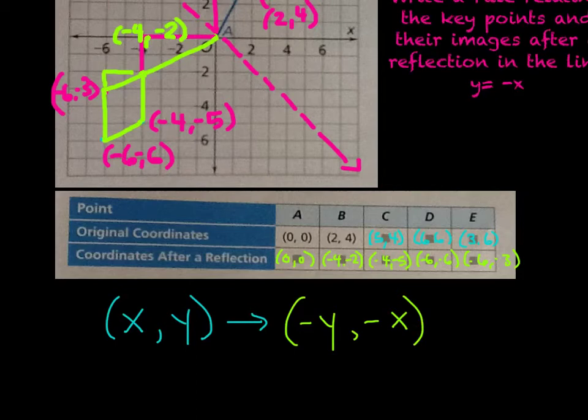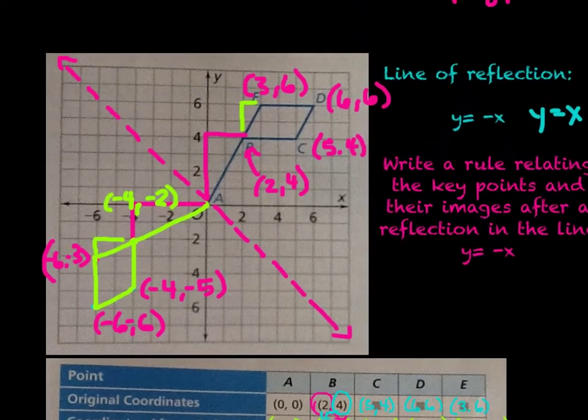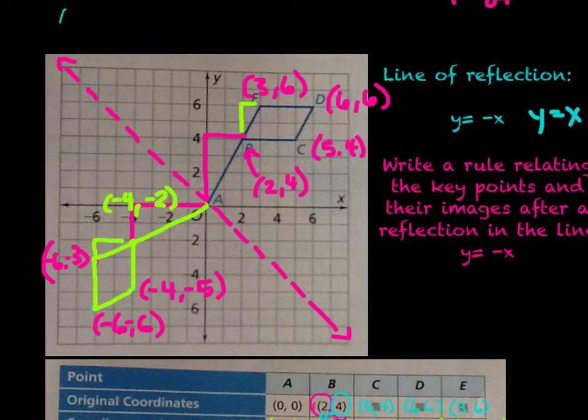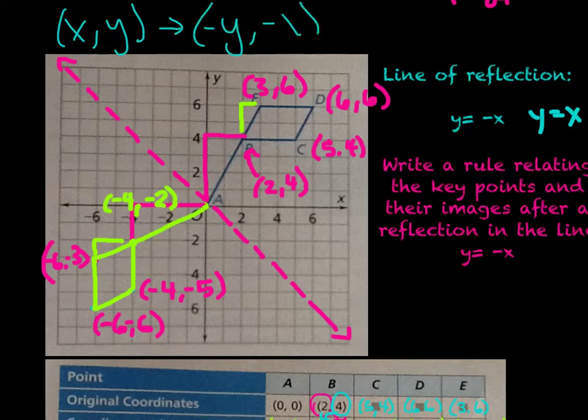Essentially, every single time I had a point for x, it flipped to the y spot and became negative. Every single time I had a point for the y, it flipped to the x spot and became negative. So here is our rule to describe this reflection. We have x comma y becomes negative y, negative x.